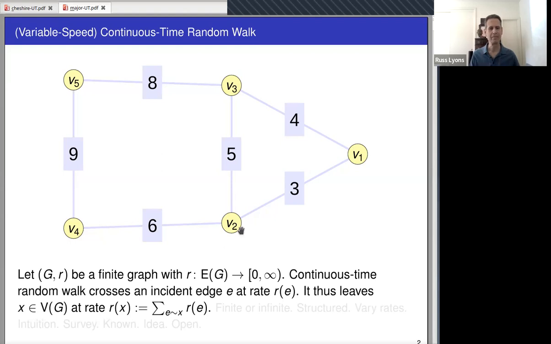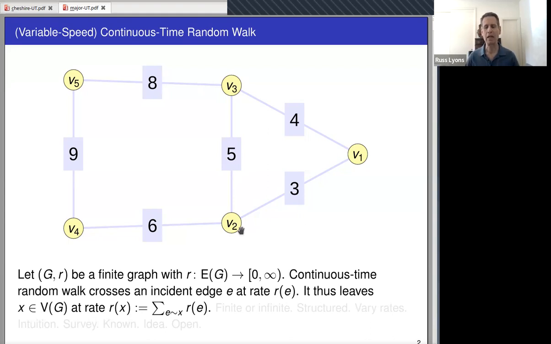Okay, so what am I going to be talking about briefly? I'm going to be looking at both finite and infinite graphs, usually with some sort of structure, like a Cayley graph. And the questions, or many questions, will be how the behavior of the random walk depends on the rates.